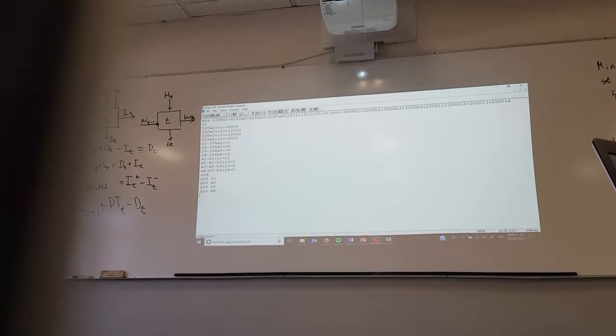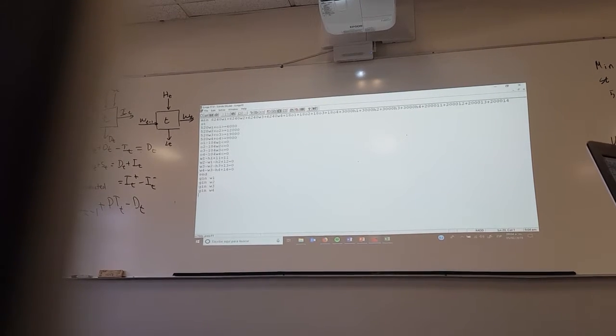The non-negativity constraint is by default, we don't need to write it in Lindo. In Excel, we need to specify that, but not here. So if we need a variable to be integer, we need to say so. If we need a variable to be binary, we need to say so.